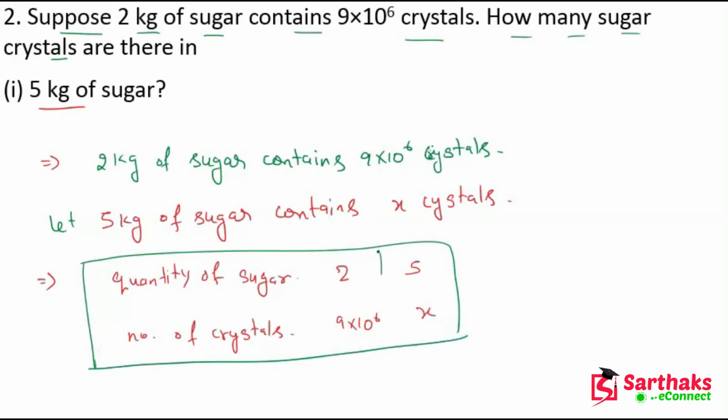So now here we know that as the quantity of sugar increases, this is in kg, then the number of crystals automatically increases. So we can say that these two variables are in direct proportion.